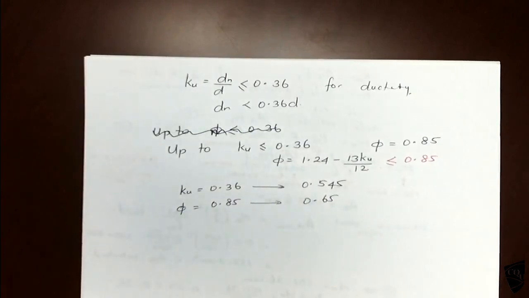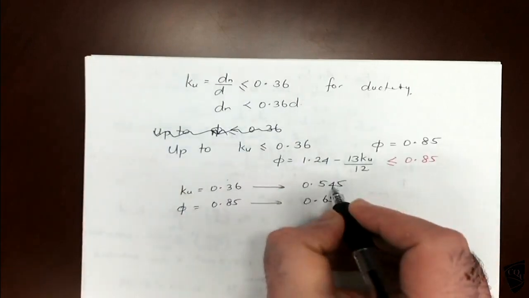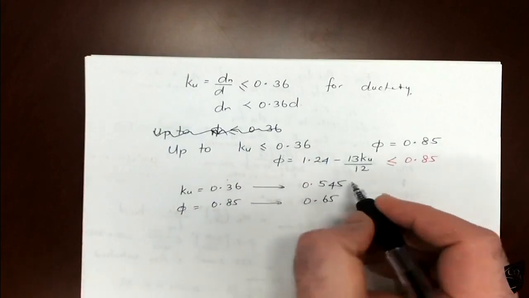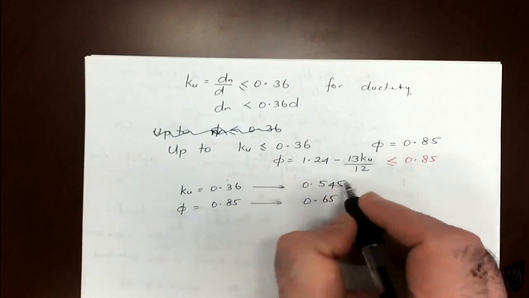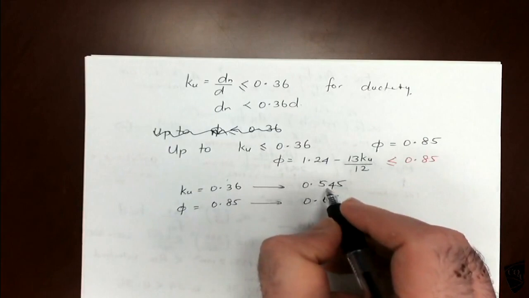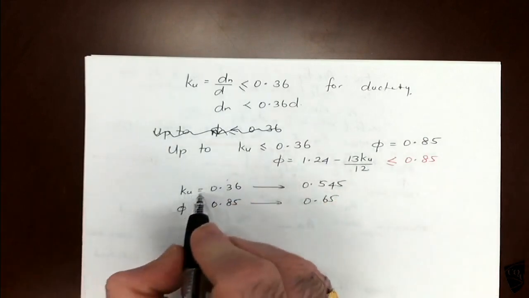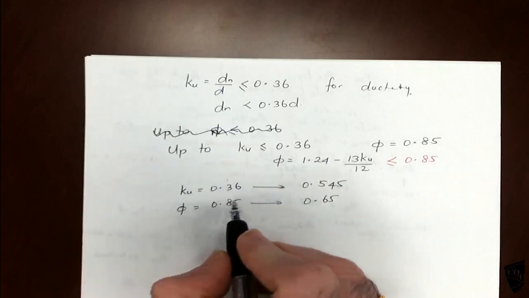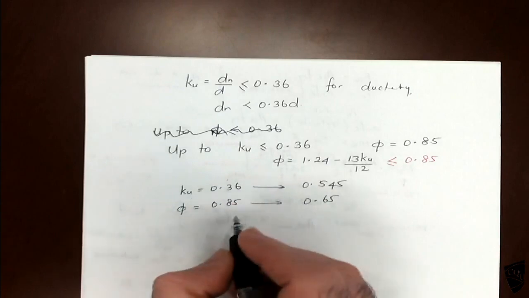Okay, so this is the ductility limit. What is this limit? Under reinforced, over reinforced limit. Okay, so we cannot go beyond that one, because in that case the steel may not yield. So the Ku value increases beyond 0.36, phi value will reduce.